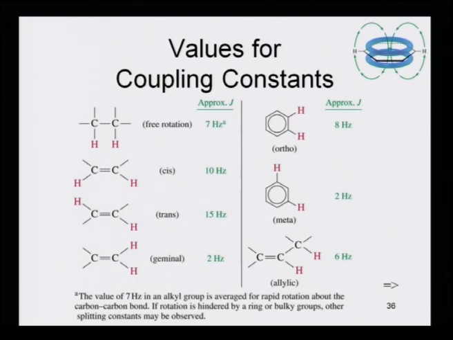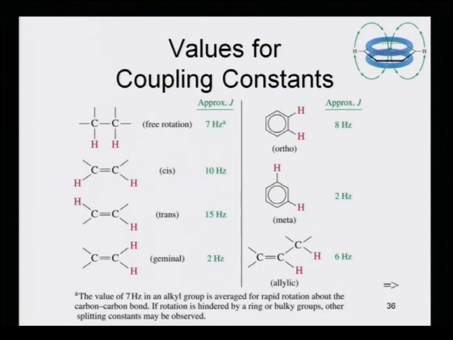So, 10 hertz, whereas two protons which are trans to each other will have a J value of 15 hertz, and protons of geminal type which are on the same side of the double bond will have a very low coupling constant, that is 2 hertz. The value of 7 hertz in alkyl is average for rapid rotation about the carbon-carbon bond. If rotation is hindered by a ring or bulky groups, other splitting constants may also be observed.